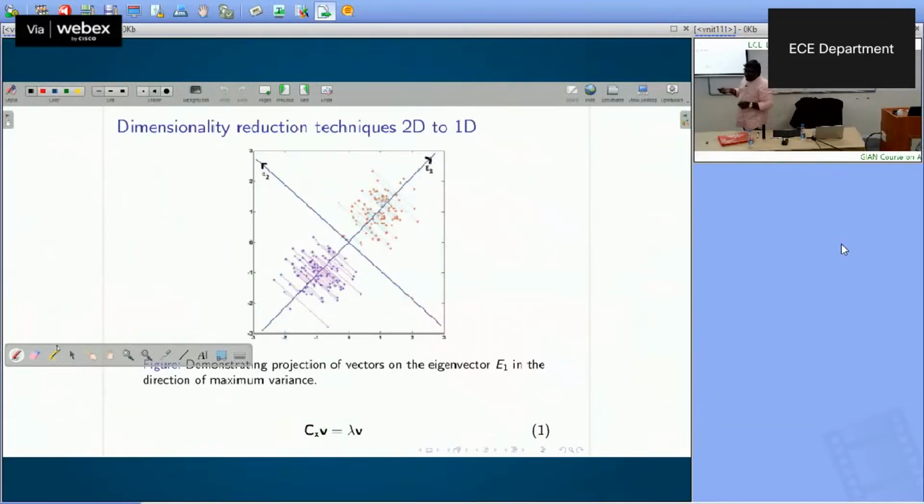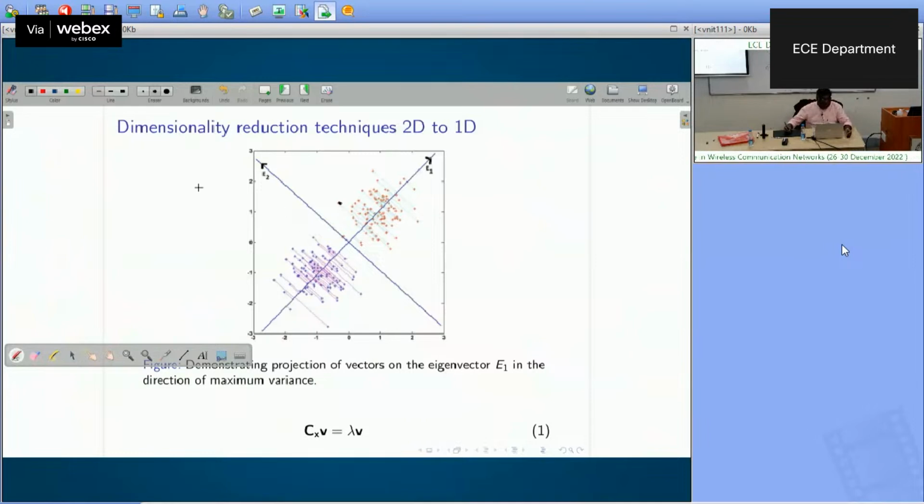Got it? Right? So projection means what? Let me tell you that clearly. Let us consider this point, only one point.